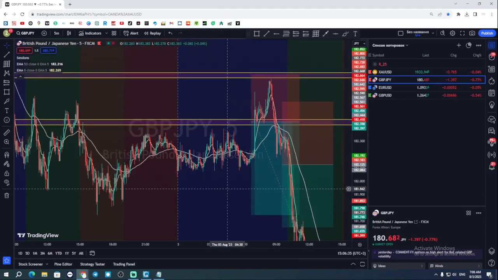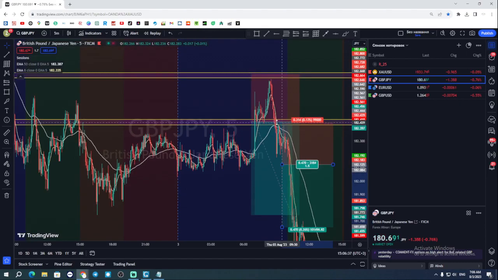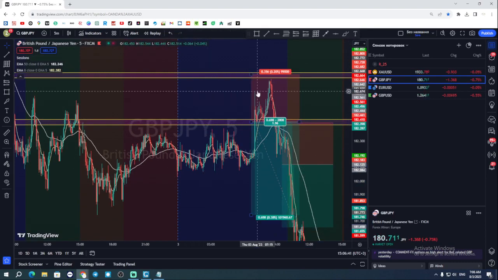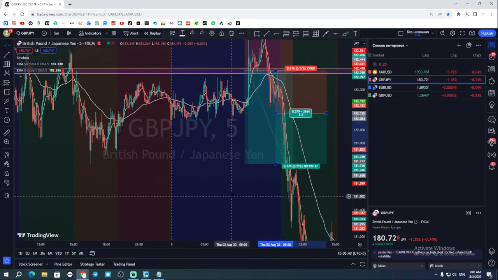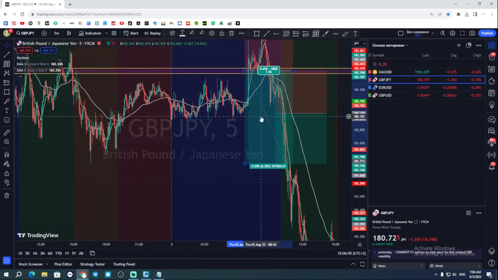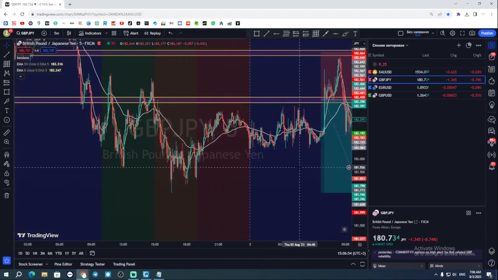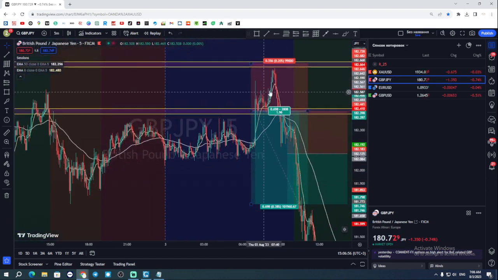Because here comes into play my risk management. I put it right here like that, and I'm targeting this one. So basically what happened here, I had 1.2R, here I had let's say 2R, so total is like 3R. The reason why I'm taking this trade is very simple, guys. It's going my way.